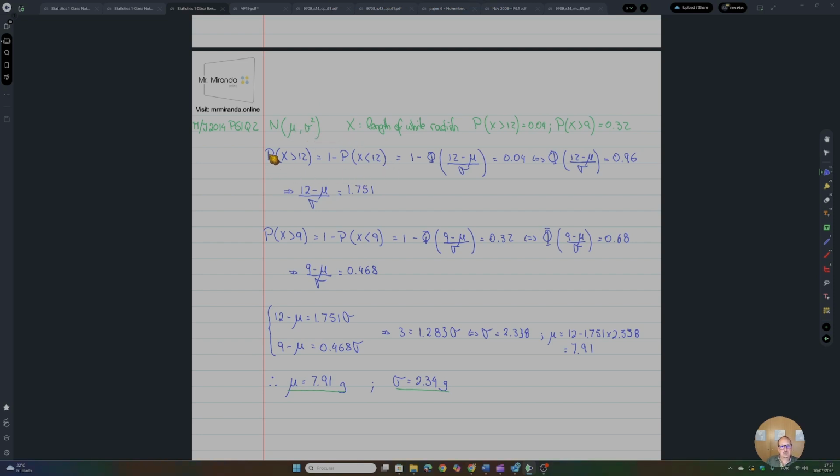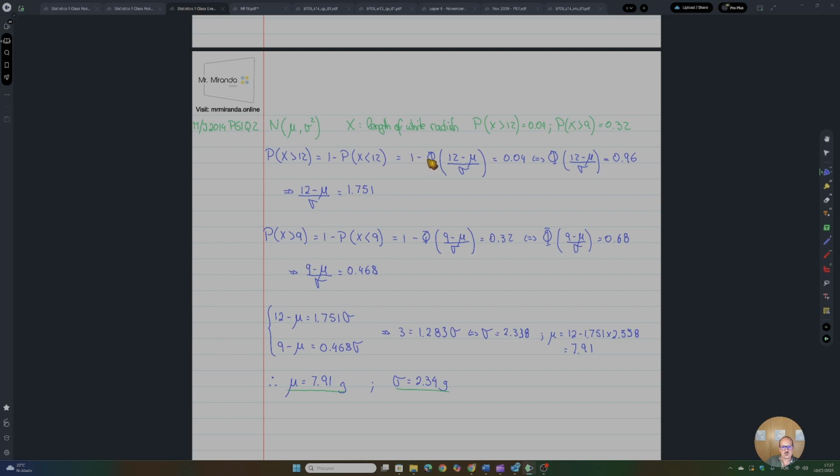If the probability of x being bigger than 12 is 0.04, we calculate this by doing 1 minus the probability that x is smaller than 12. To be more precise, smaller or equal, but in this context it doesn't matter. It's going to matter next lesson, as you're going to see.